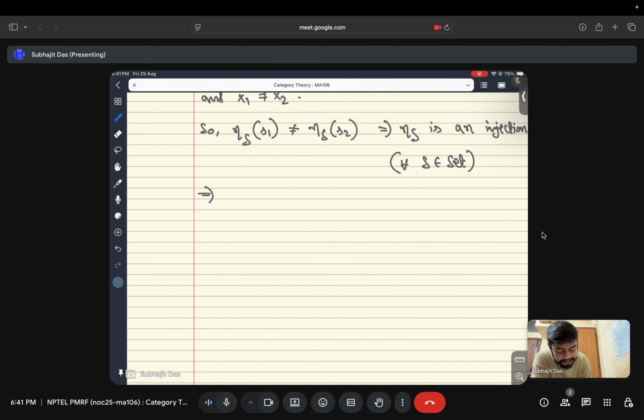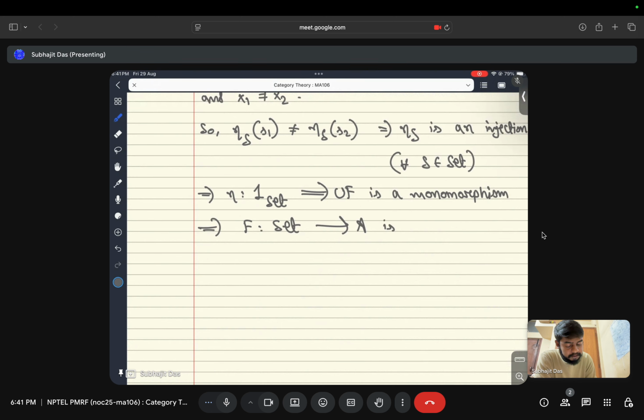which implies that eta, the unit of the natural transformation from one set into UF, is a monomorphism, which implies that our functor F from Set into A, the left adjoint functor, is faithful.